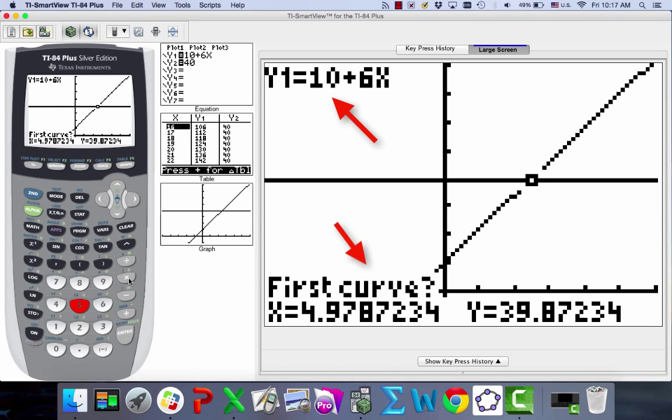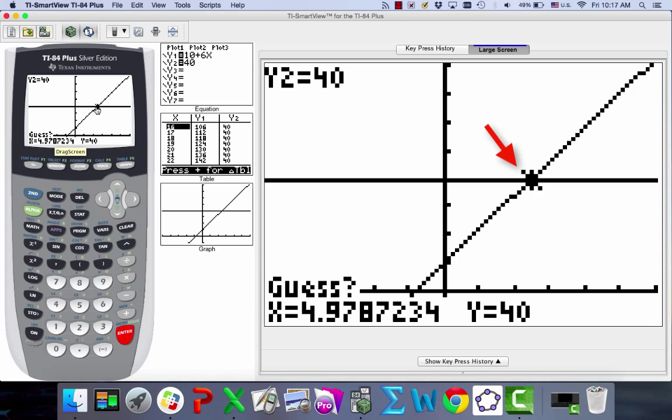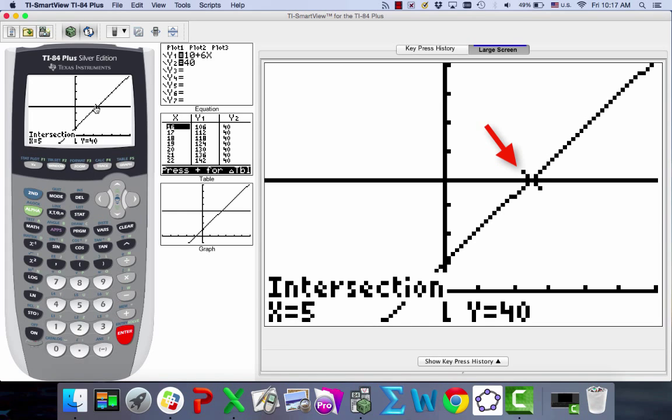That works fine, so let's press enter and confirm that as our first curve. Now we're sitting on y2 equals 40, which is our second curve. That's correct, so we'll enter that, and then it wants us to guess the value. We're sitting right on it, so let's just enter that to let that be our guess. And then the calculator figures the intersection, and notice it found it to be 5, 40.